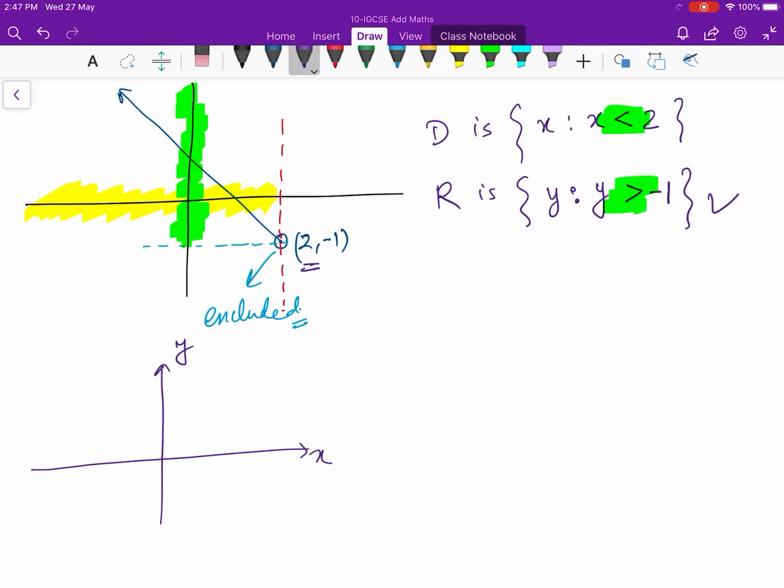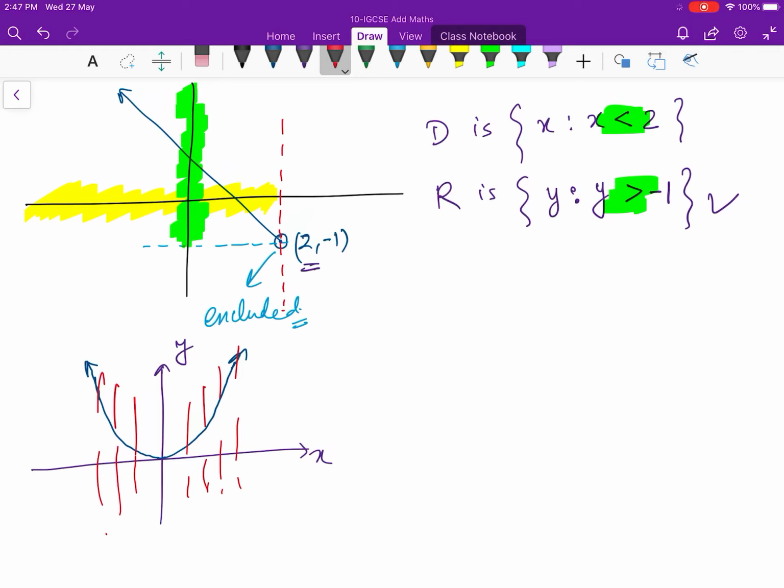Okay, next I'll take a graph like this, and this graph is going like this. If I draw vertical lines, all the vertical lines will intersect this graph.